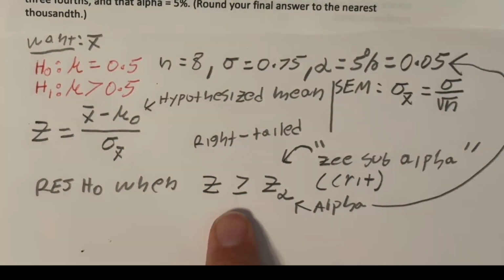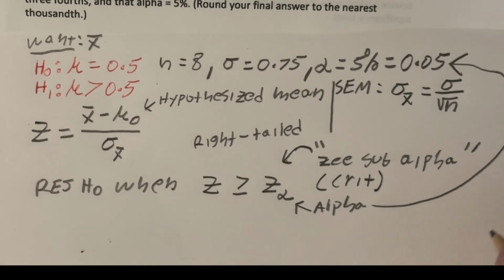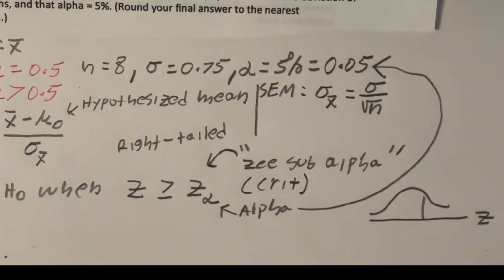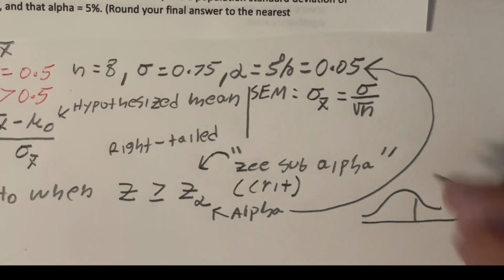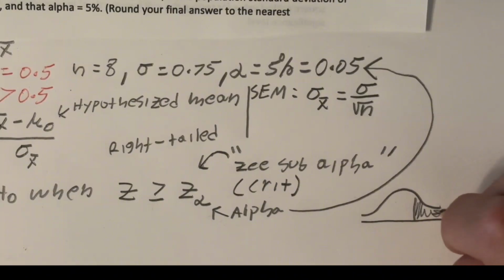This inequality symbol points to the right. So for the visual learners, here's a little picture of this. It's not necessary, but if you want a little picture, it's not drawn to scale, nowhere near scale.